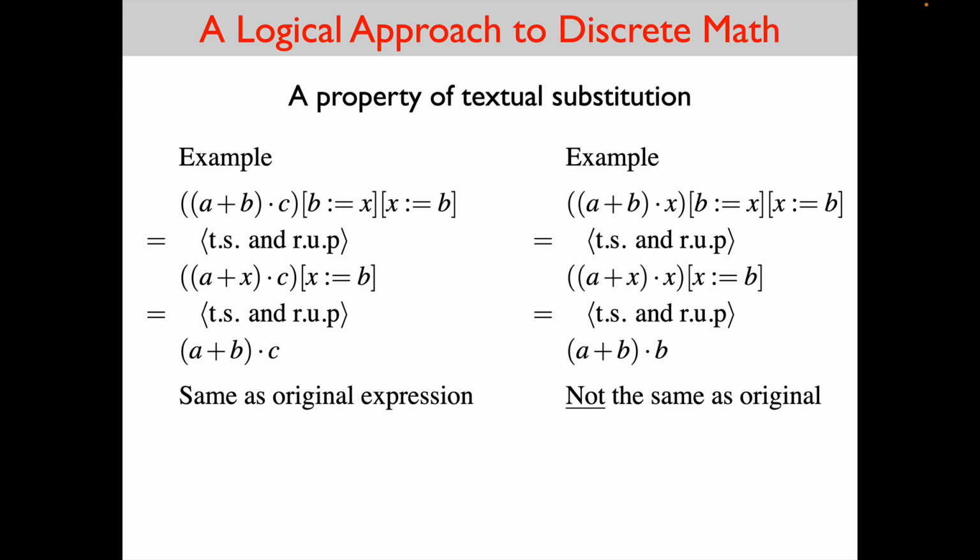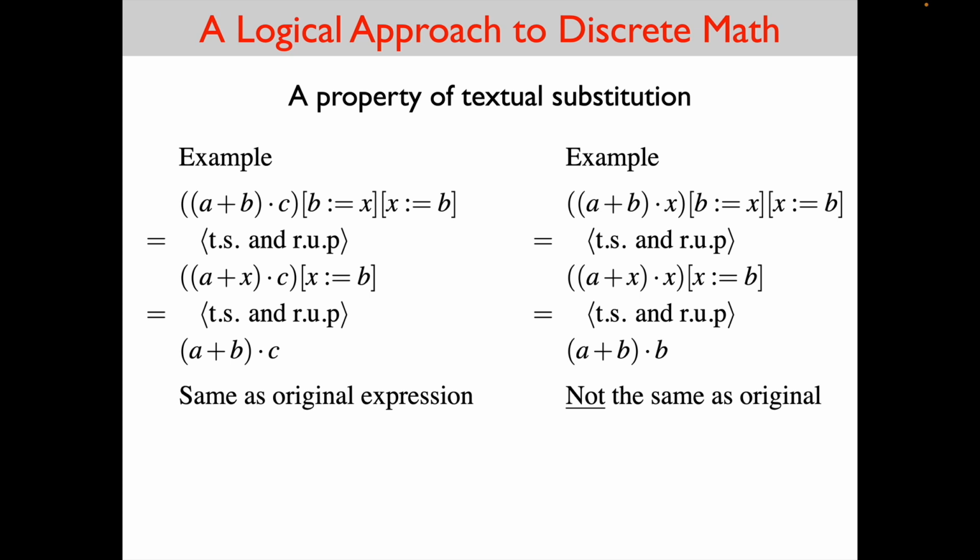What was the fly in the ointment in this second example that caused the final expression to not be the same as the original expression? Well, the problem was that the original expression contained an x in it. And so in the second step, there were two x's, and both of those x's got replaced with b, so that was not the same as the original.